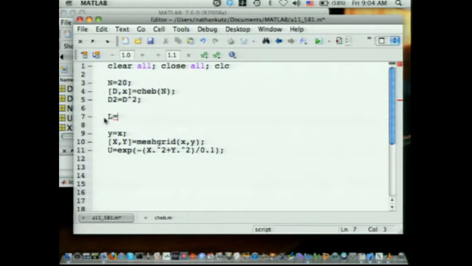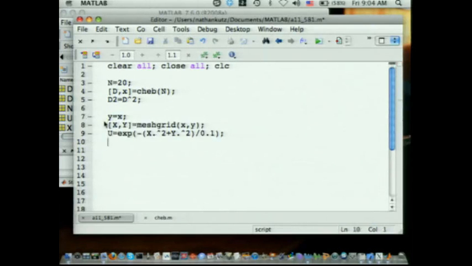Okay? Let's do this. Hold on. Okay. So first, before you do this, what you need to set up is this matrix here, I, which is a diagonal matrix of ones.